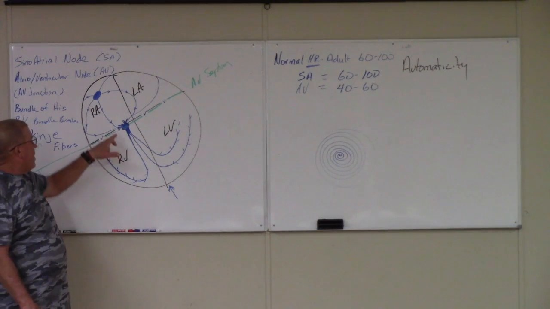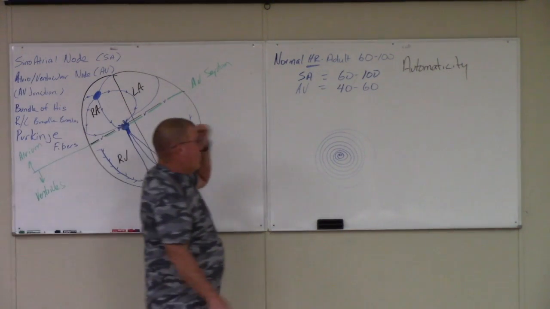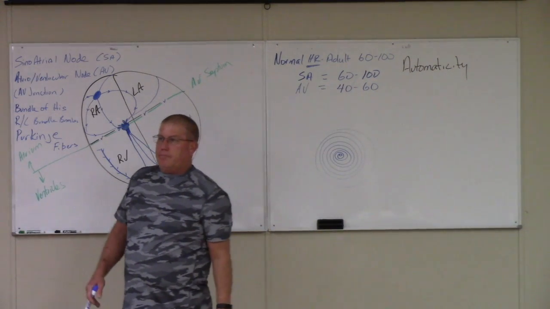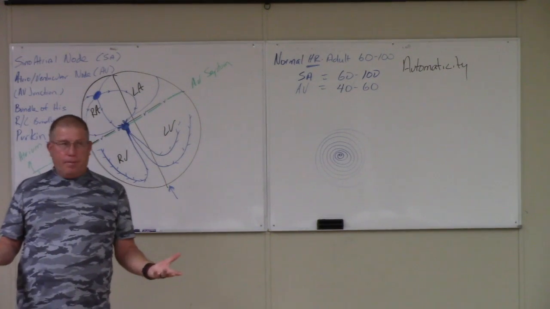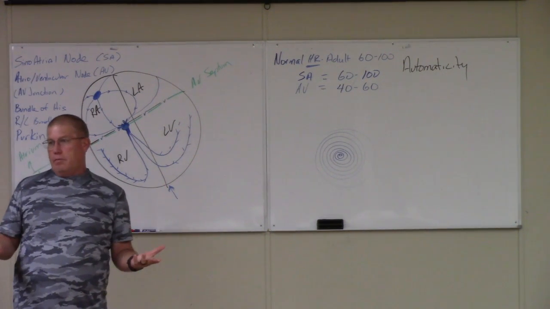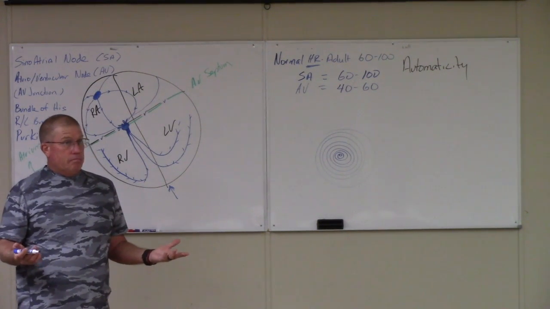Okay? The thing is, your AV node can only produce a heart rate of 40 to 60. So you don't have as much blood pumping, and it's not beating as fast. So what's your patient going to be? Diaphoretic.